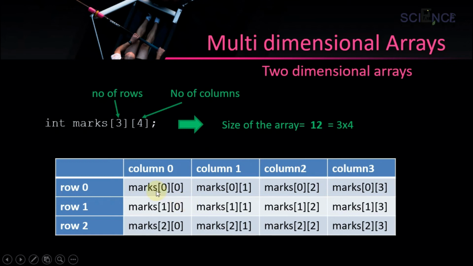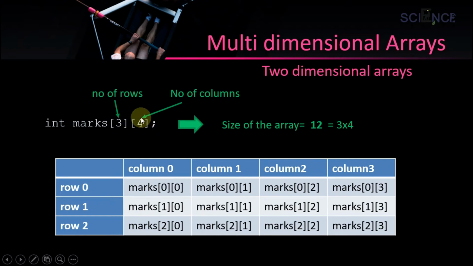Then we can say each and every element of this array has a unique name, right? How many elements can we store in this array? I have mentioned 3 in the first square bracket and 4 in the second square bracket, right?